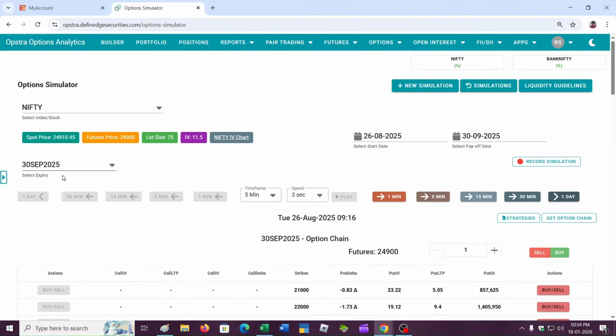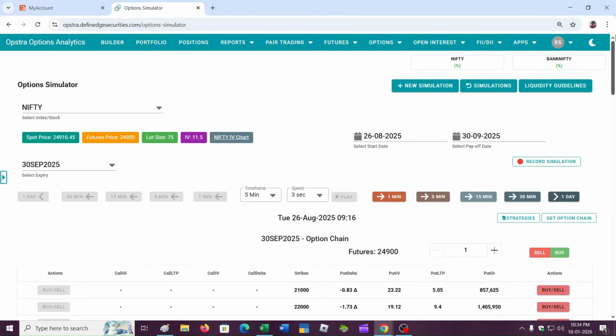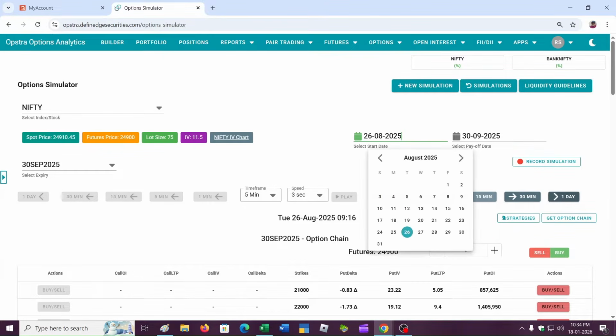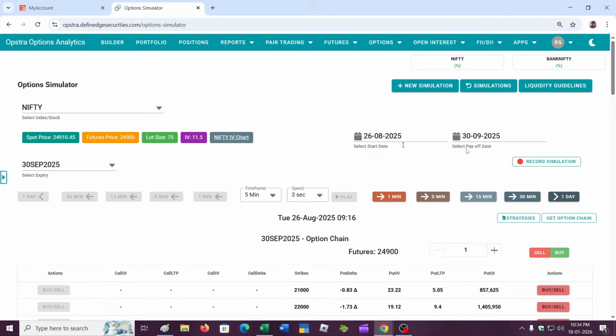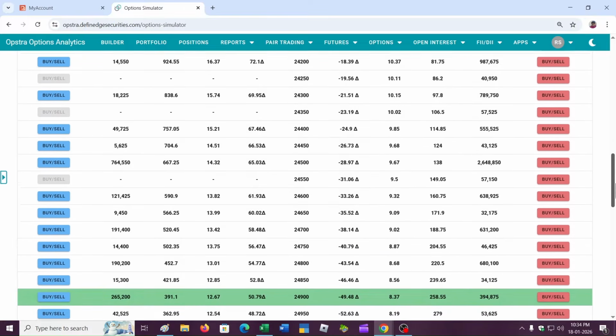Now let's see an example here. This is of September 2025 monthly option. We start with 26 August because that's when the previous expiry was. On 26th August, we are going to sell a short straddle.